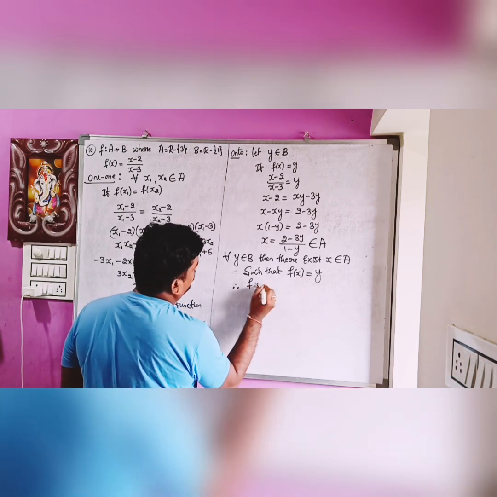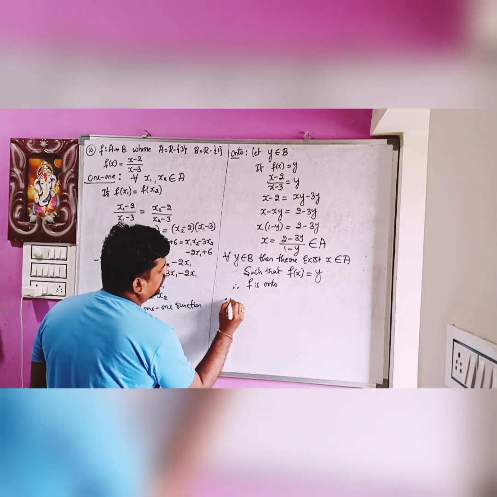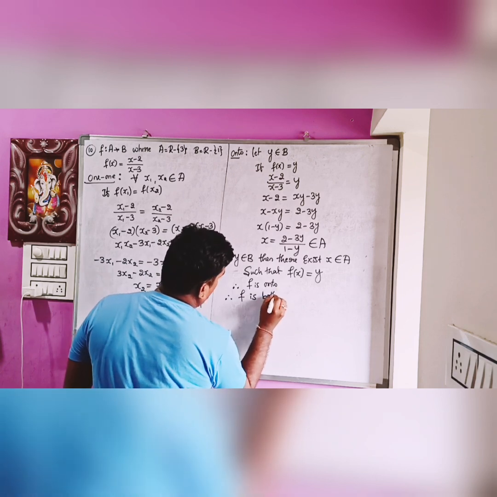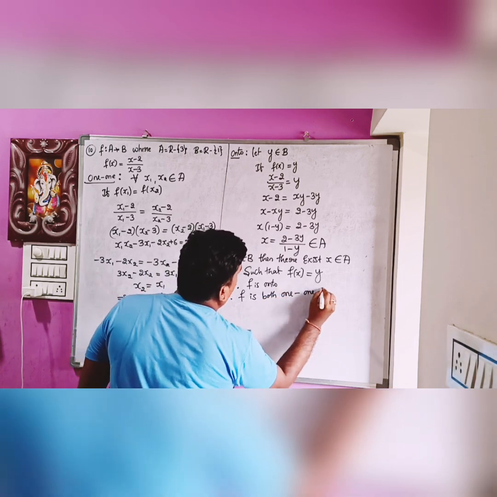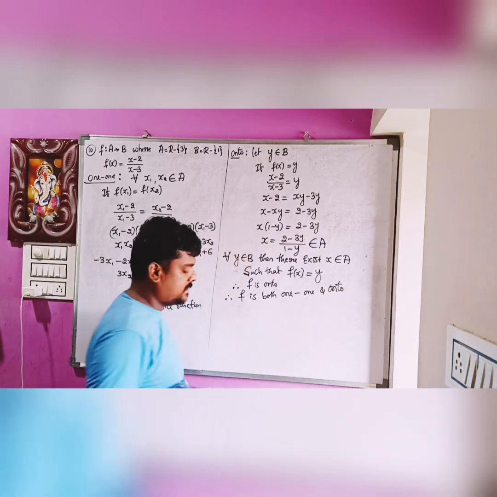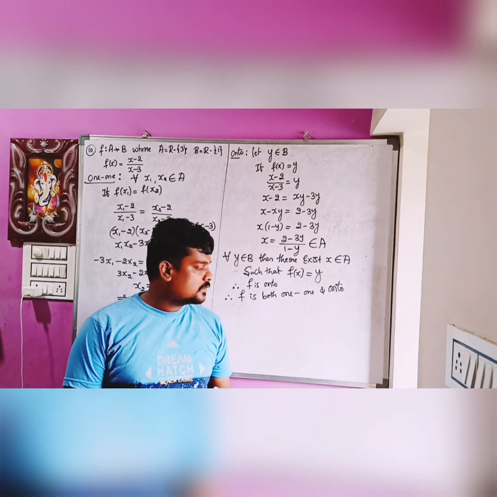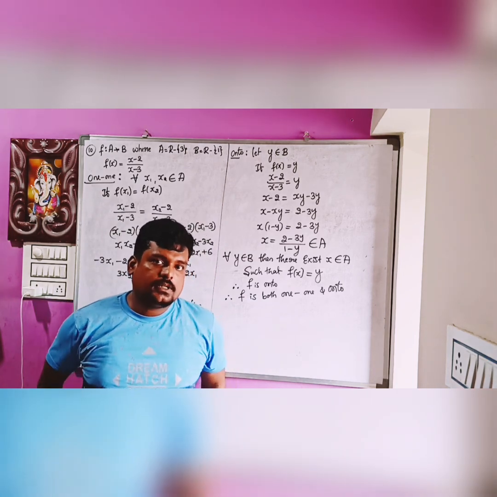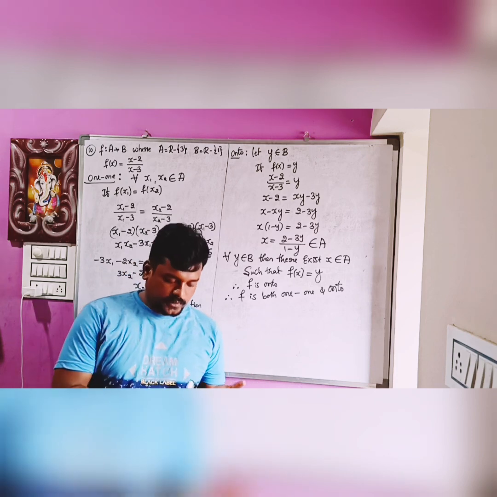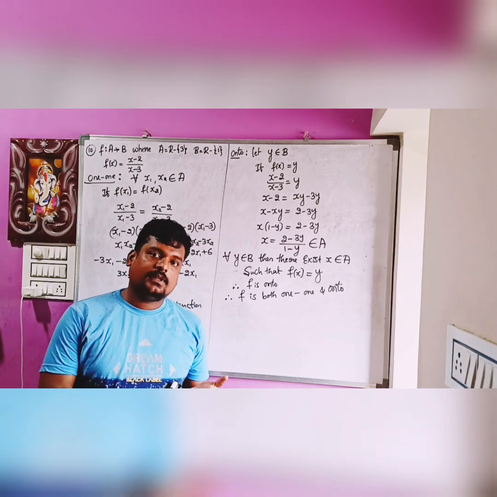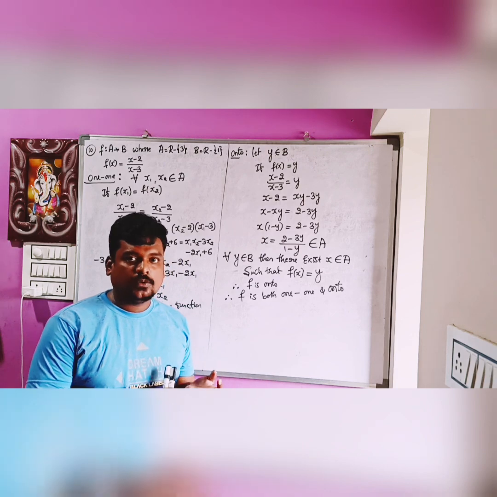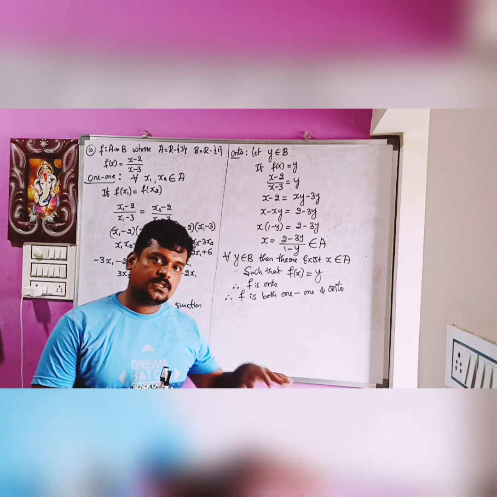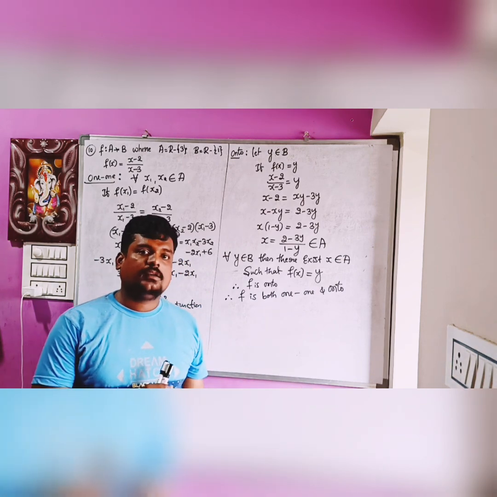Therefore f is onto. Since f is both 1-1 and onto, it is a bijective function. This completes your function concept. So in this chapter we have the functions concept for 1-1, onto and bijective. These are the 10 examples in the second exercise, and the solved examples before this exercise you have to practice yourself.